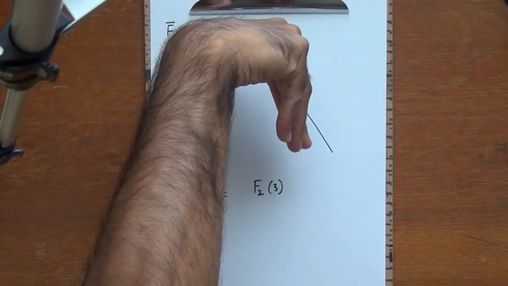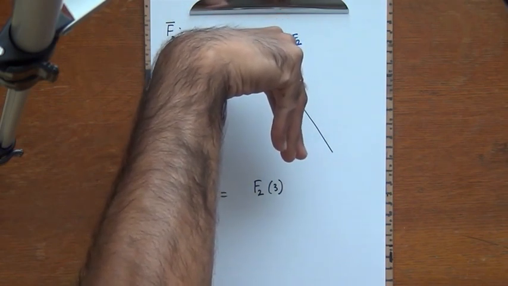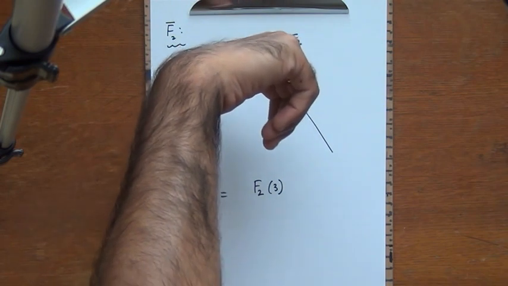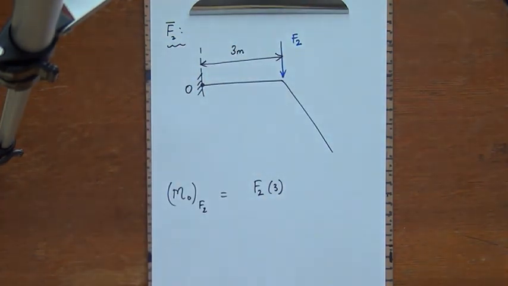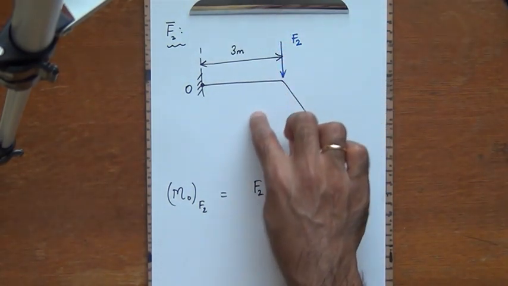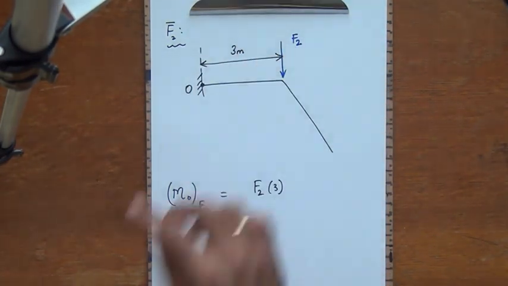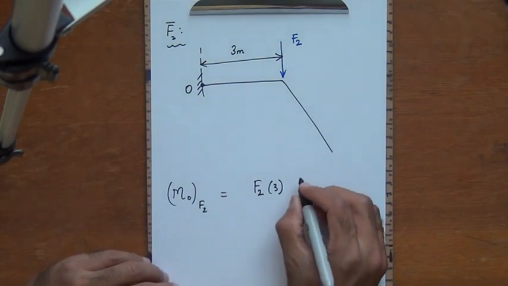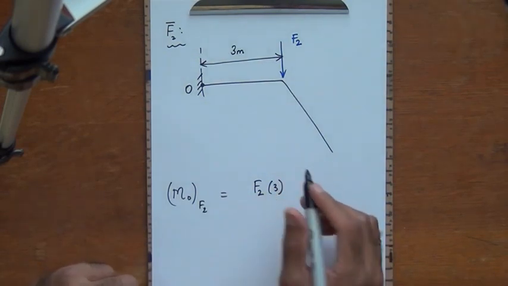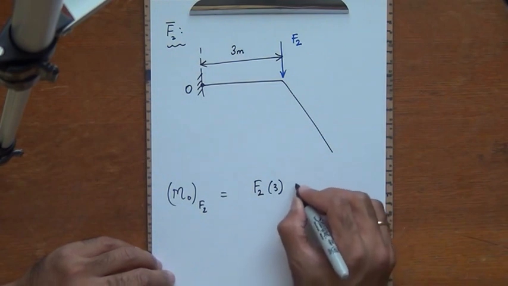My fingers are pointed in the direction of the force F2. My palm is facing the point O. I curl my fingers. You see the direction of my thumb is into the board or into the page, and so this means that the force F2 is trying to cause a rotation in the clockwise direction. Right, so this is going to be 100 times 3 or 300 Newton meters in the clockwise direction.